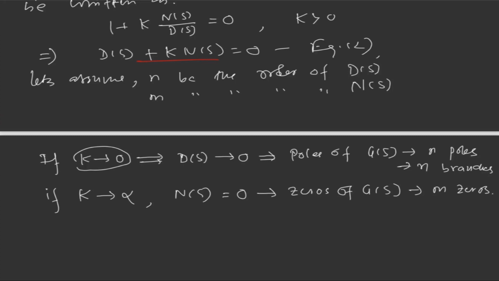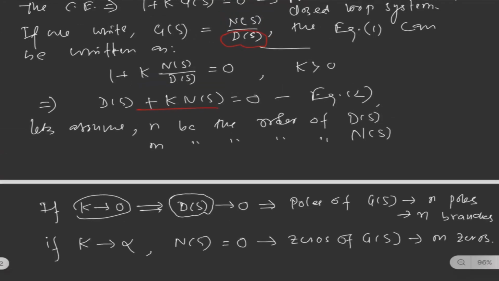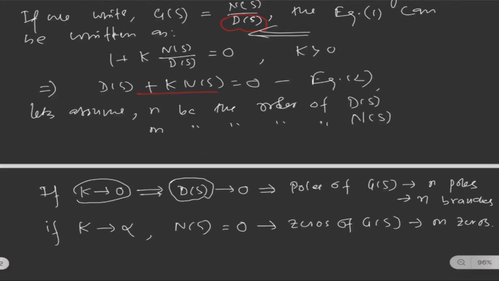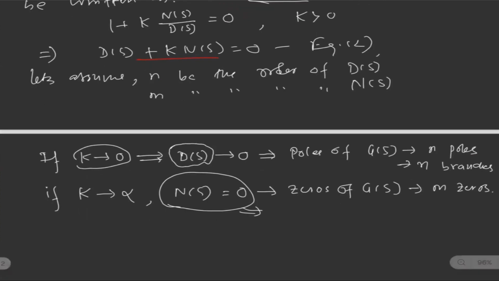So if you notice very carefully, if we consider k tends to 0 or k equal to 0, the root locus starts from poles, where we can solve this equation D(s), because from equation number 2, if k equal to 0, D(s) equal to 0, so we'll get the poles of this polynomial. As we increase k, it goes to zeros, because from this equation we'll get the zeros. We'll start from poles and we'll end at zeros.